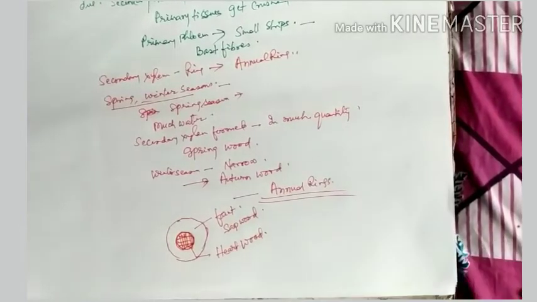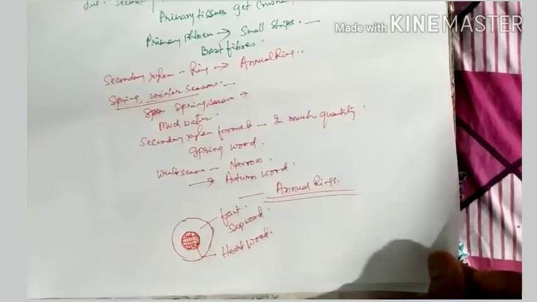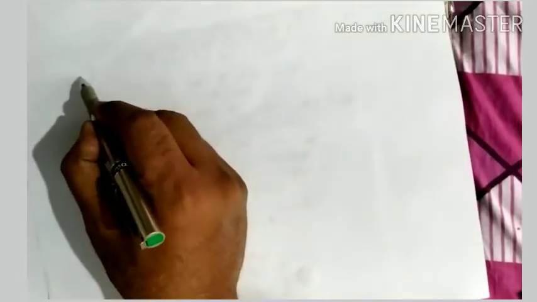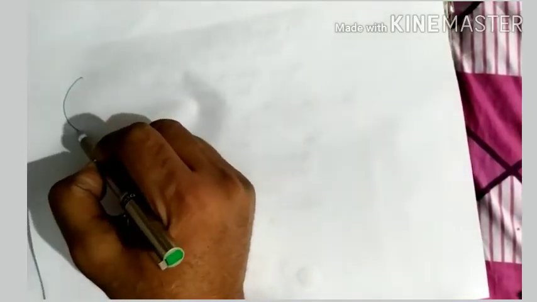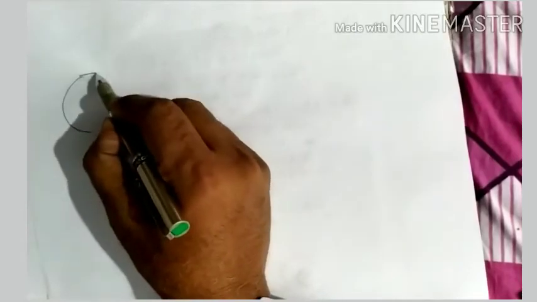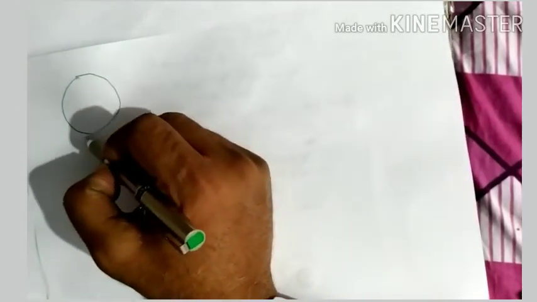Let us first see what happens in the secondary growth. Here is the topographical figure.